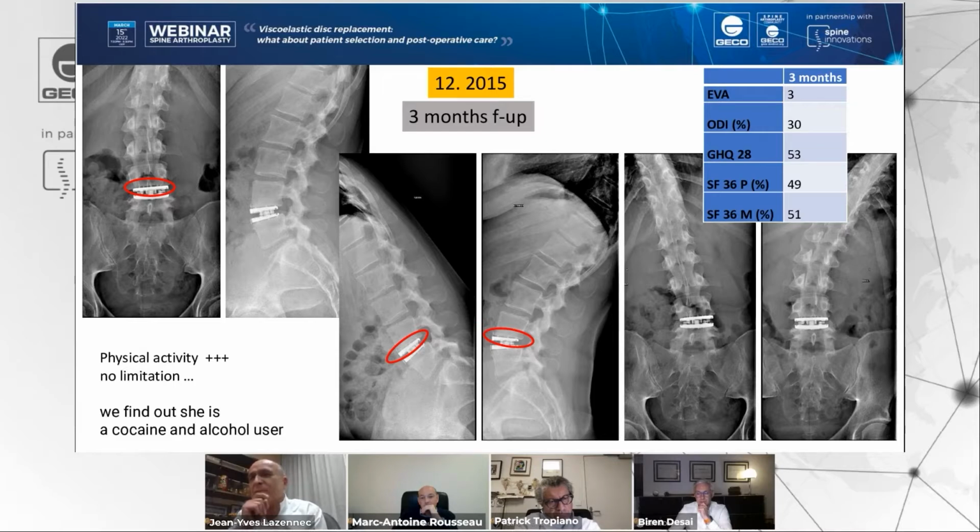In addition, and I am not sure it is a good sign, she had a bending, and you see that on the right bending, the position of the spinous process is slightly rotated to the right. Those two arguments made me a little bit anxious, and I asked this patient to wear the brace.